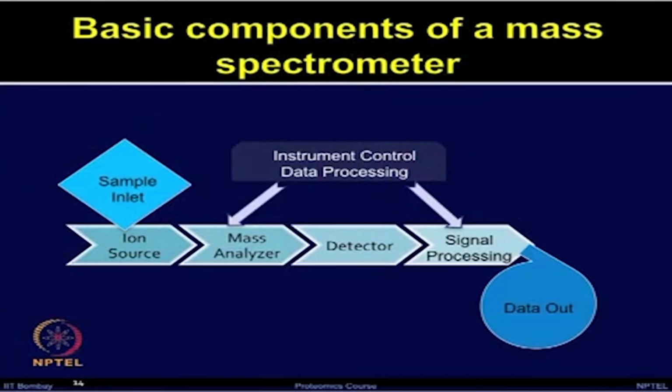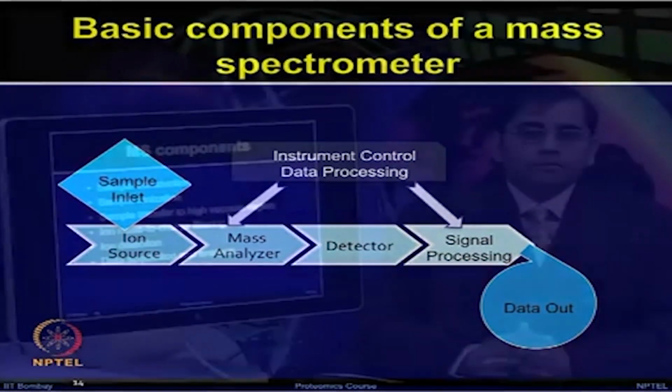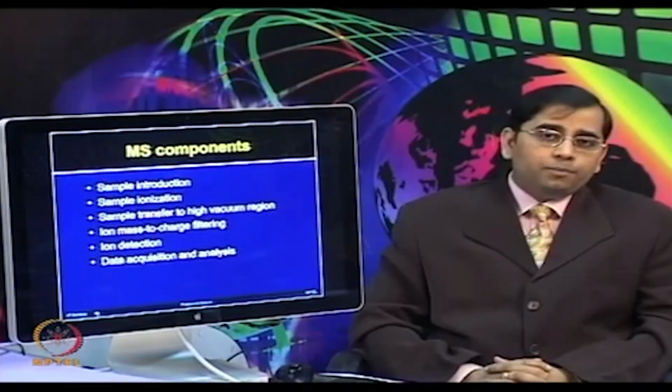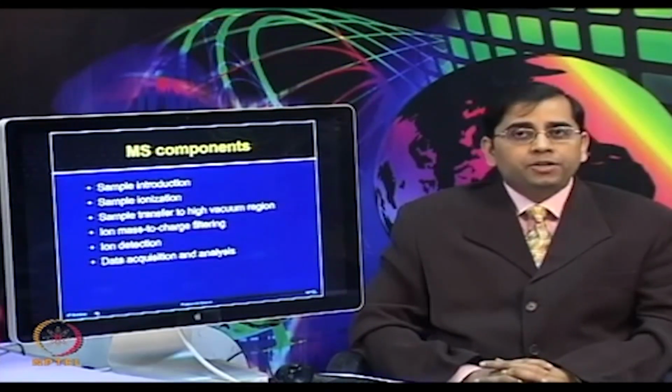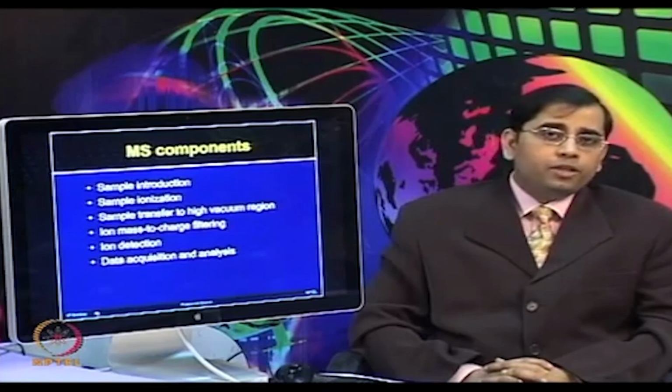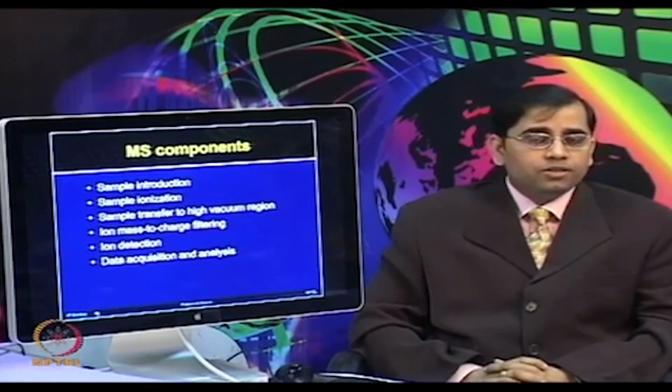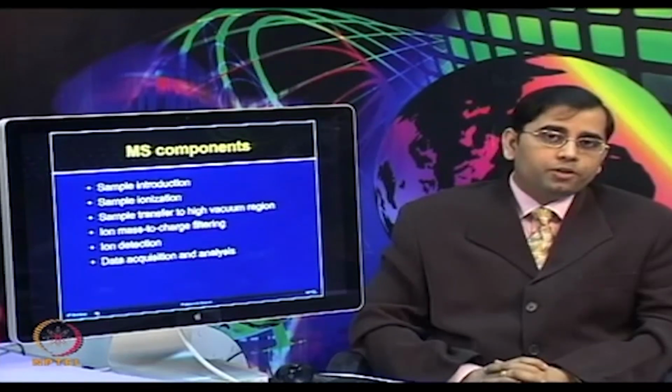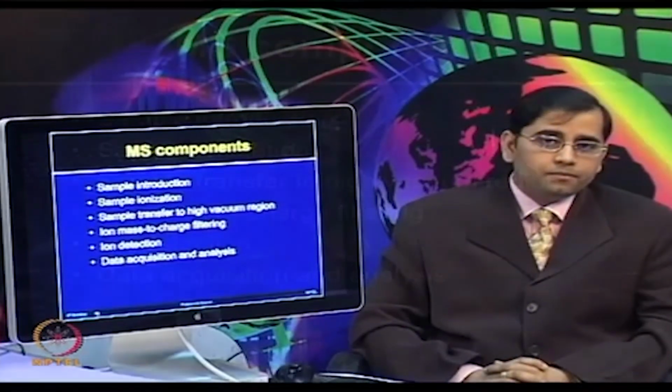Although there are three major components involved, ionization source, mass analyzer and detector, there are some accessory components which are also equally important for doing mass spectrometry based experiments. The various components include sample introduction. One can couple that with HPLC or chip based technologies for doing the liquid chromatography based separations.